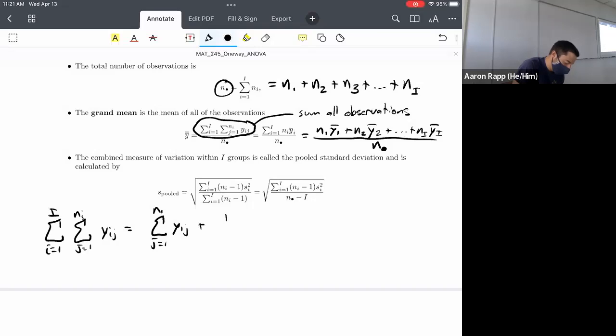And then I'm going to add it to the sum of all observations in the second group. And then I add it to the sum of all the observations in the third group. And I keep doing that until I get to the very last group that I have.